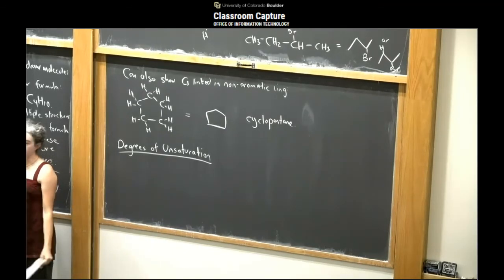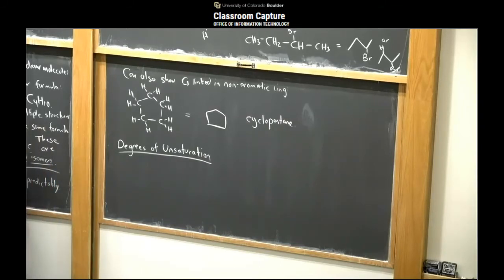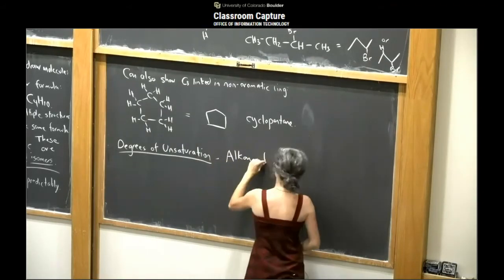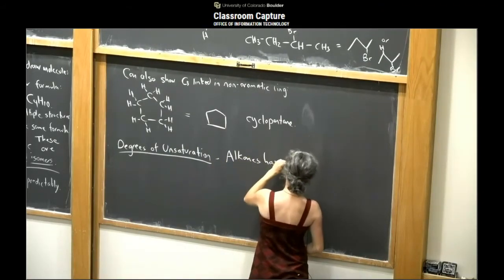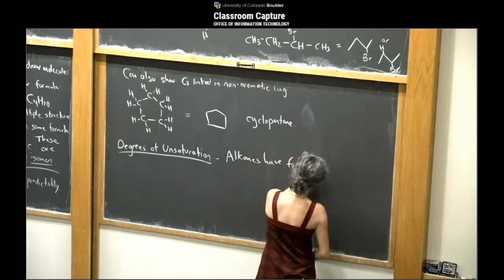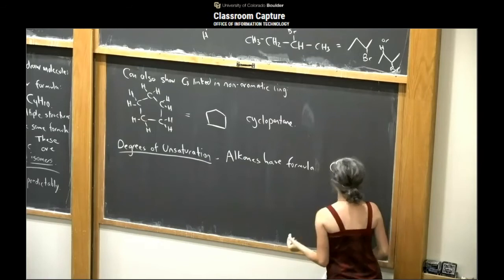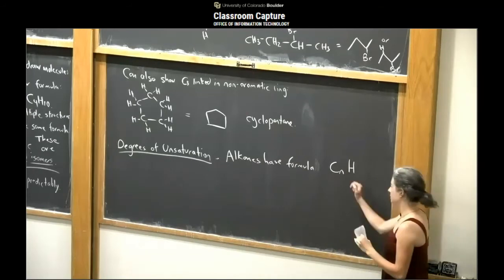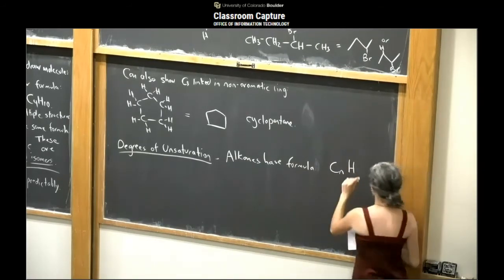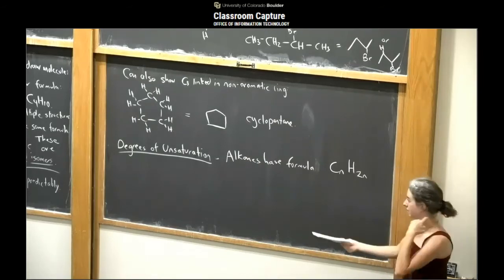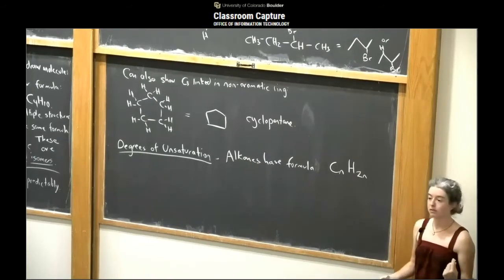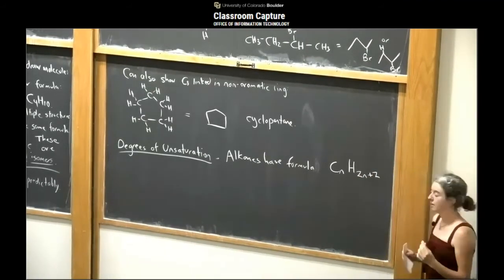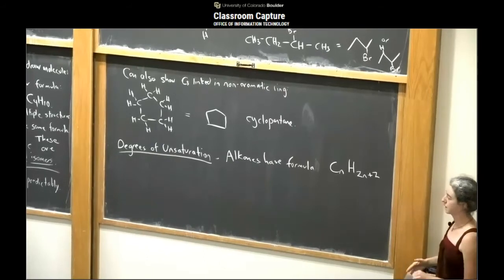So alkanes have a formula of CnH, where n is how many carbons there are, and there's going to be 2 H's for every carbon, so H2n, because that's a bunch of methylene units in a chain, and then an extra 2 H's to cap off the 2 ends of the chain. So H2n plus 2 is the formula for a linear alkane.